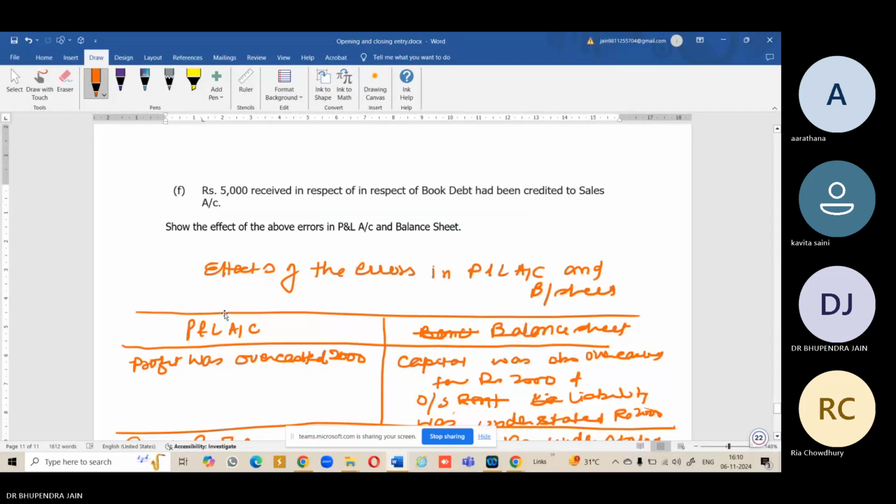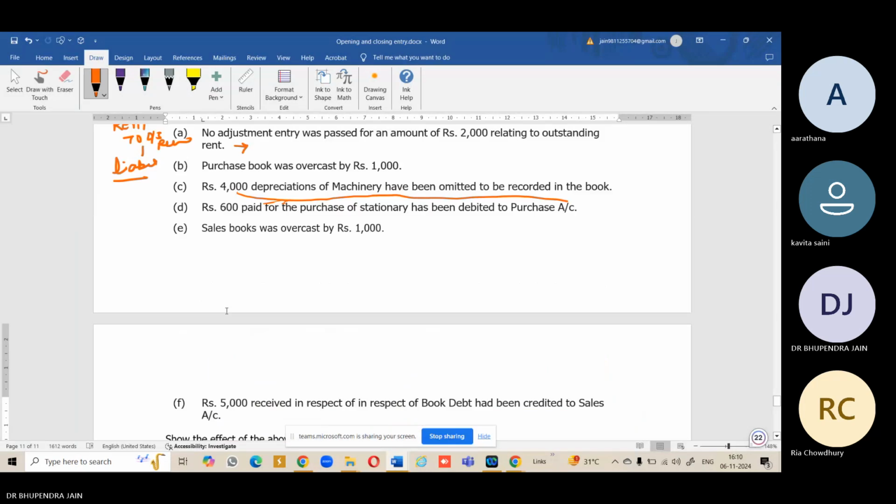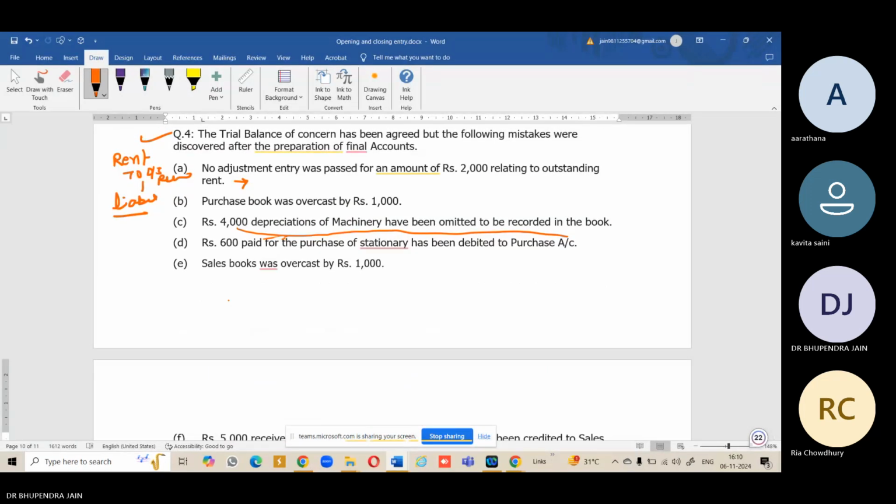Fourth case. $600 paid for the purchase of stationery has been debited to the purchase account. So it had no effect on net profit, because we have transferred the same amount in the debit side.